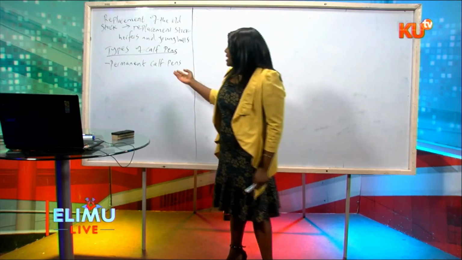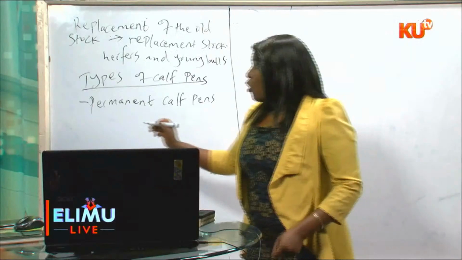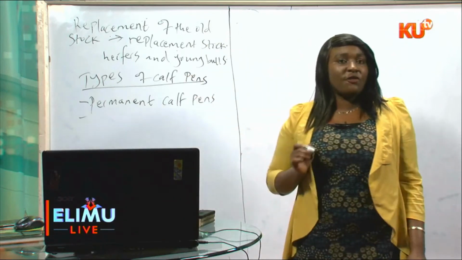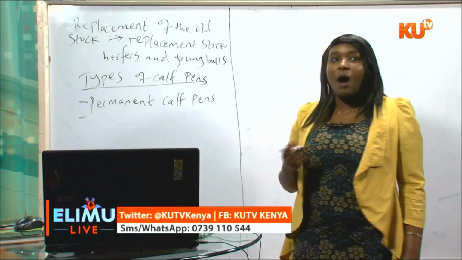So we have permanent calf pens. They require a huge amount of money compared to the second category of calf pens that we can use in our farms to rear our calves.